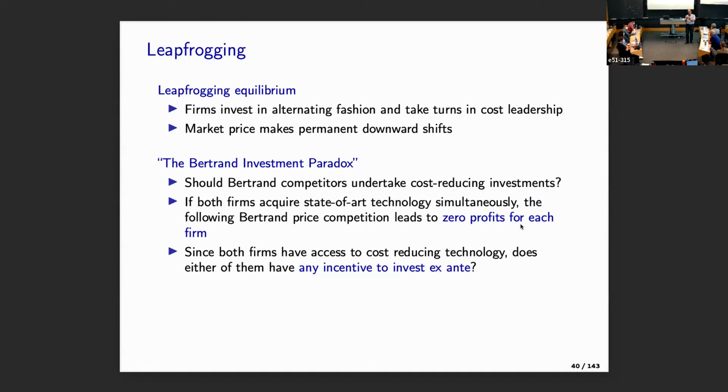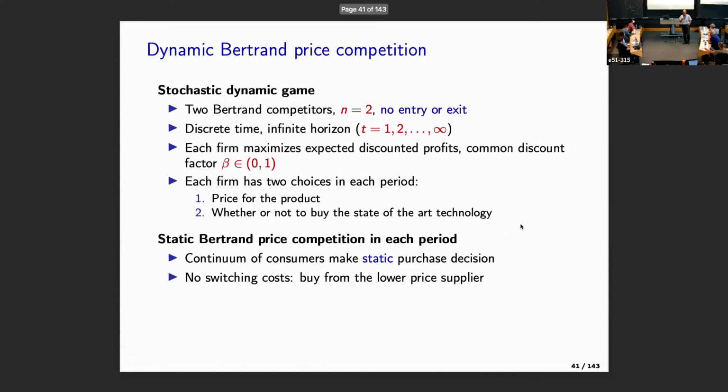We are assuming Bertrand competition, and since this product is so simple and homogeneous, it's reasonable to assume that consumers are just buying from the lower price. So that's the theoretical question. How does this industry operate, and what kind of equilibria can be sustained in this environment?